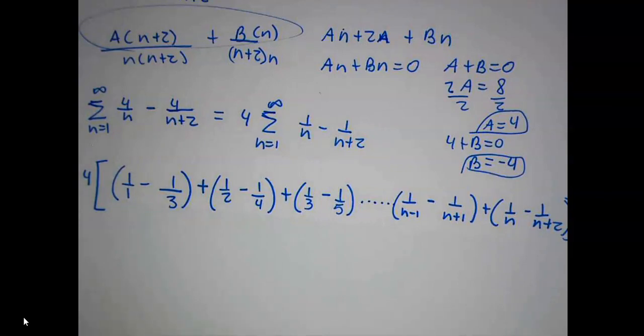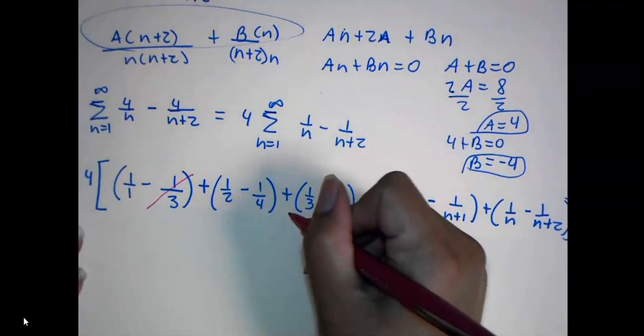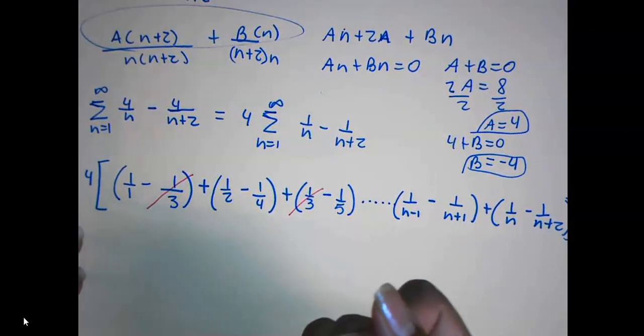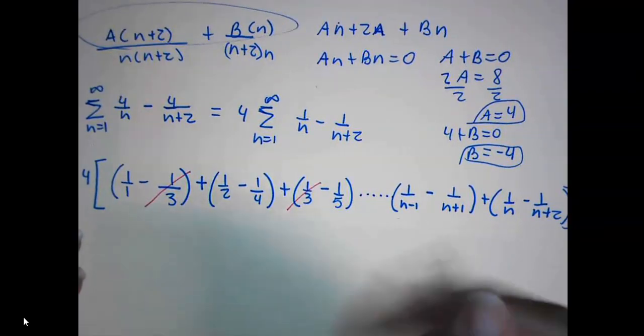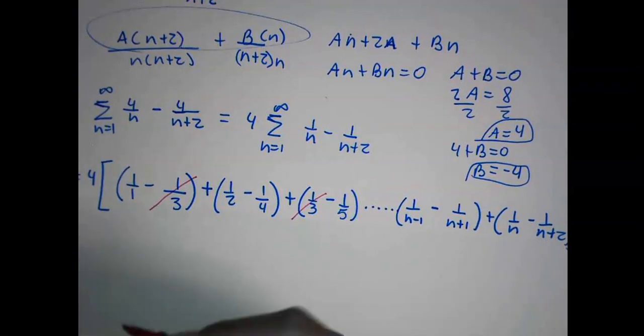So what happens? Well, look at this. Negative 1 over 3, positive 1 over 3: they cancel. Things are going to start canceling out.